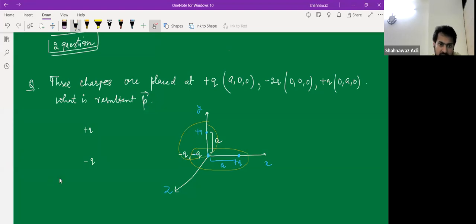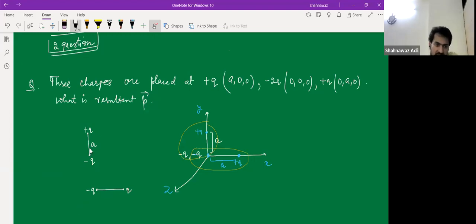Both have the same separation and same magnitude, so the magnitude of these two dipoles would be the same.